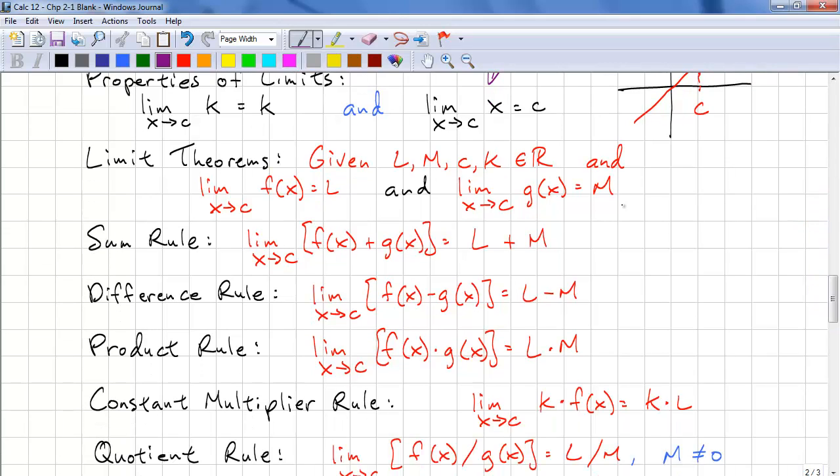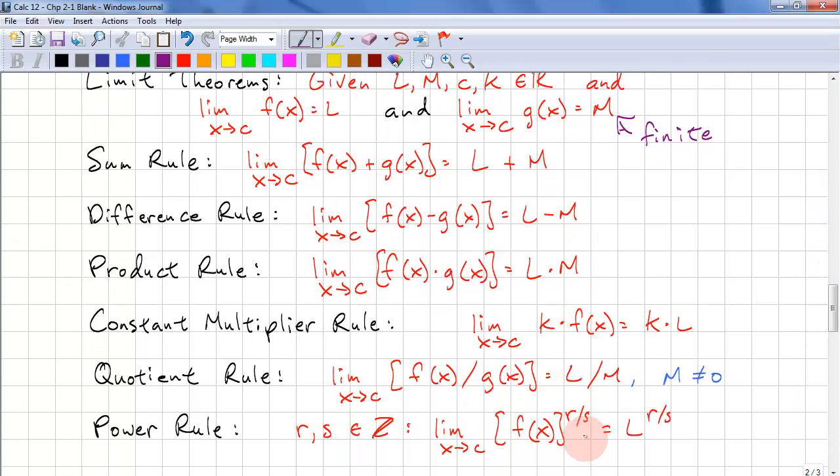So if we have L, M, C, and K all reals, and we know the limit of f of x is L as x approaches c, and we know that g of x approaches m as x approaches c, it's important to note that these are both finite. They can't be infinite. We can use all these properties, the sum rule. If we add f of x and g of x, we just add the limits, L plus m.